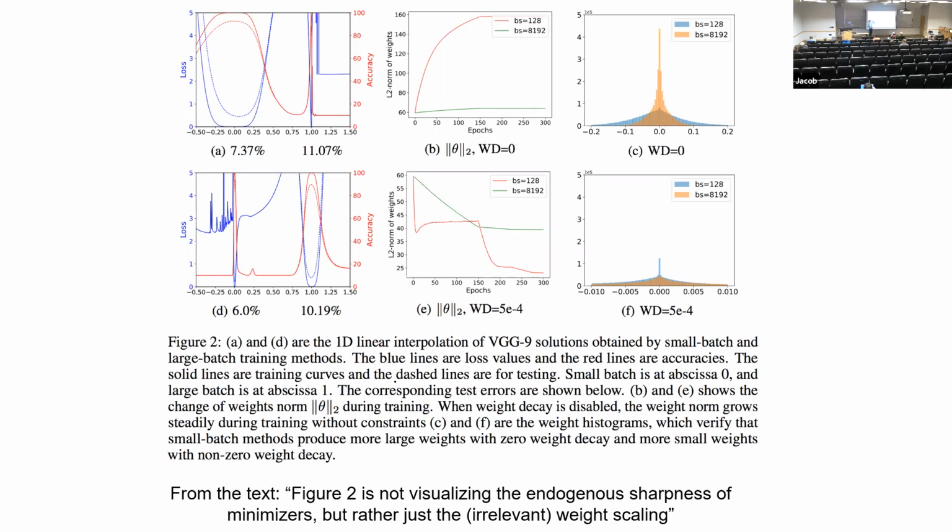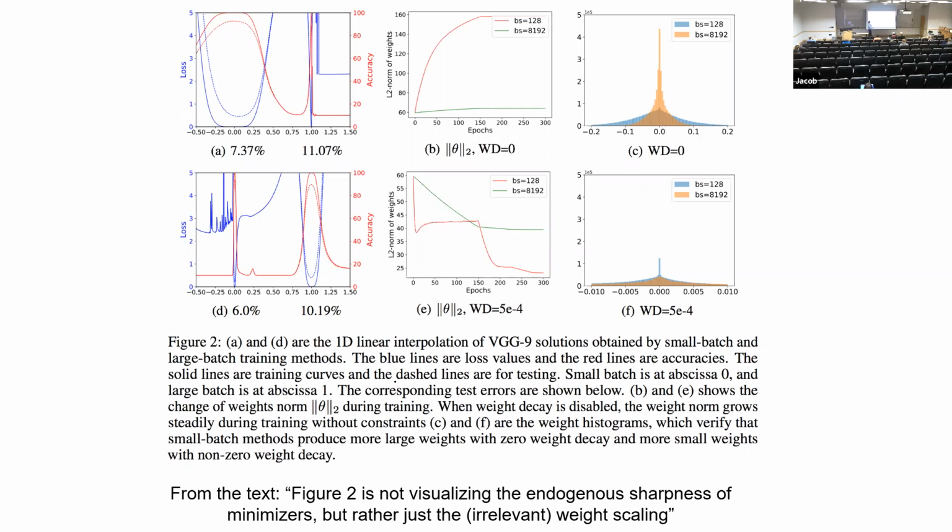Weight decay is the same as an L2 penalty on our network weights, so this is L2 regularization. On the top, we have no regularization, and on the bottom, we do have weight regularization. So weight decay equals 0 on the top, and weight decay equals 0.0005 on the bottom.